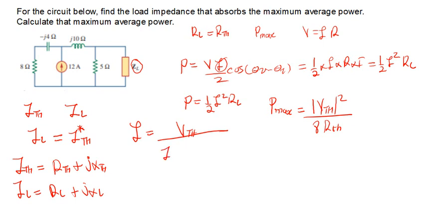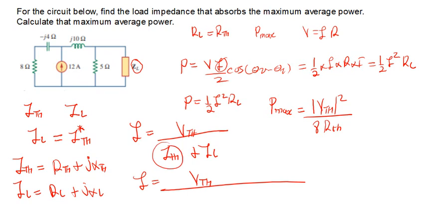This is going to be Thevenin impedance plus load impedance. So we can say the current is going to be equal to the Thevenin voltage divided by the Thevenin impedance, which is R Thevenin plus JX Thevenin.